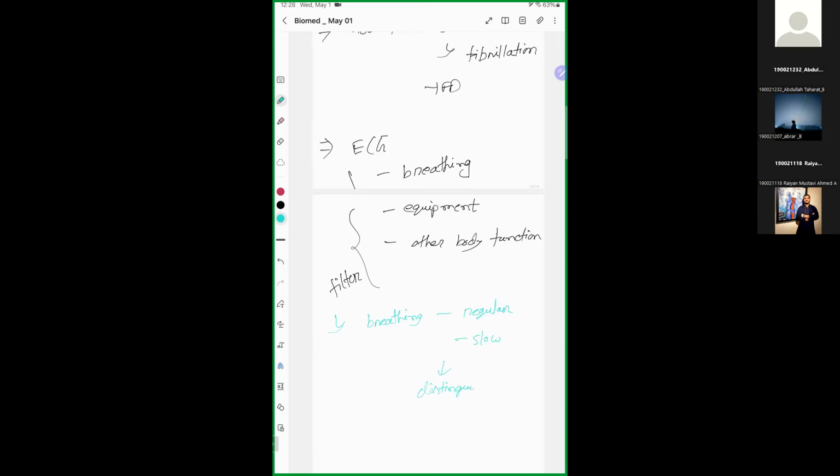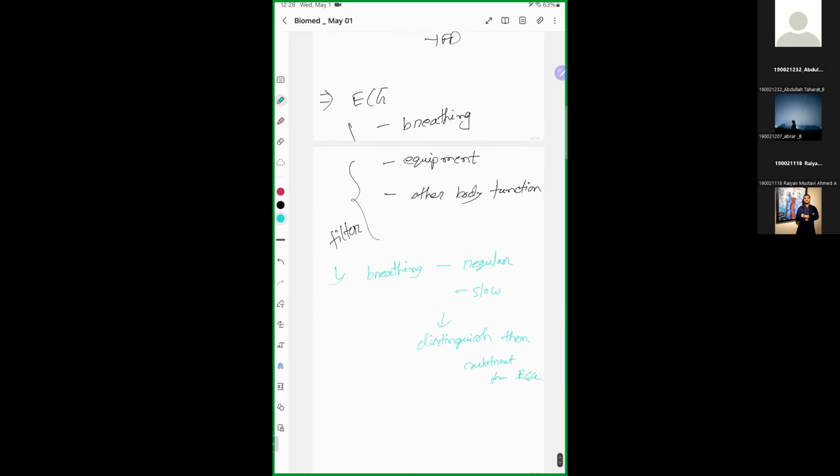Since it is regular, you can easily distinguish it from the ECG, then subtract it. When you are examining the ECG, you can find that kind of noise: regular noise from the breathing. You just have to subtract it. Since it is regular, you can easily find it, and it will be different from your ECG.